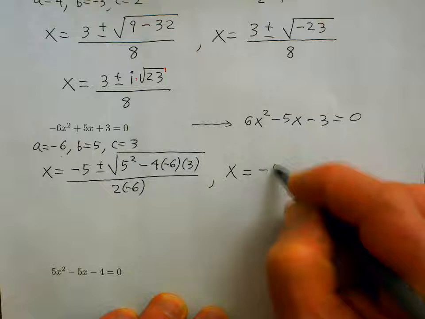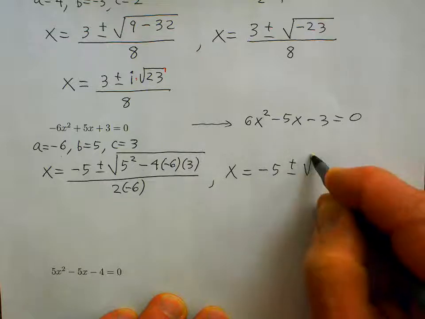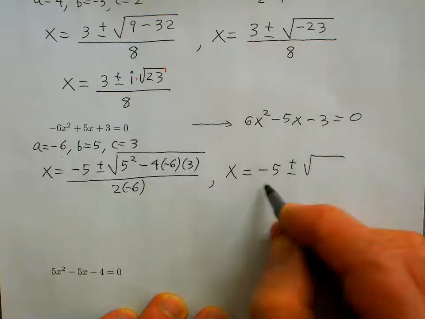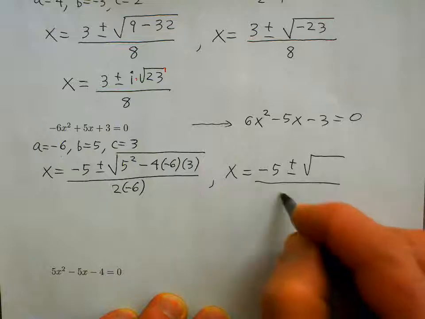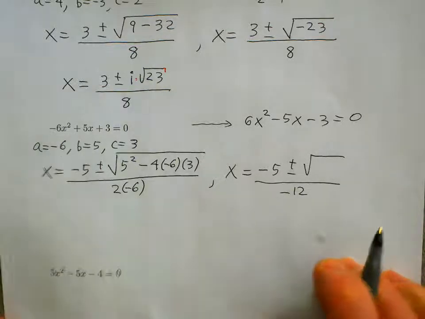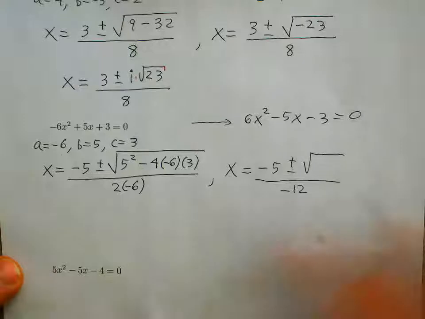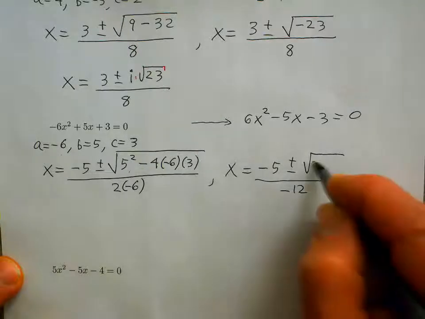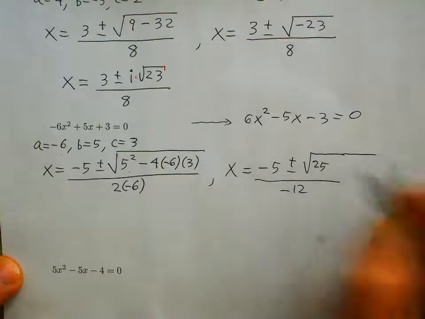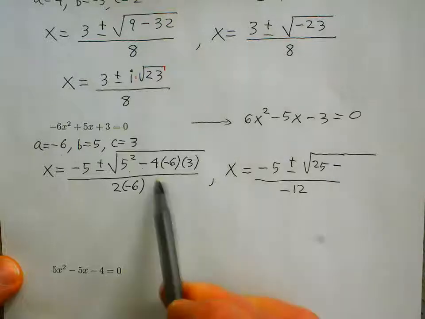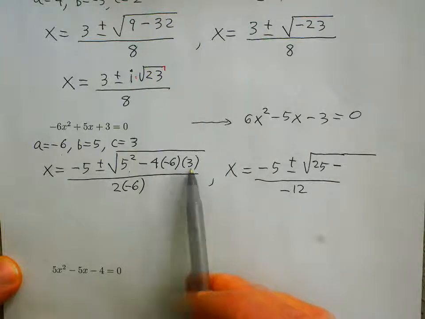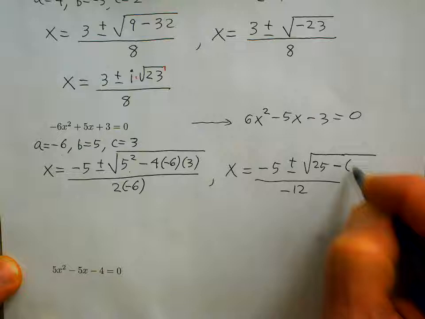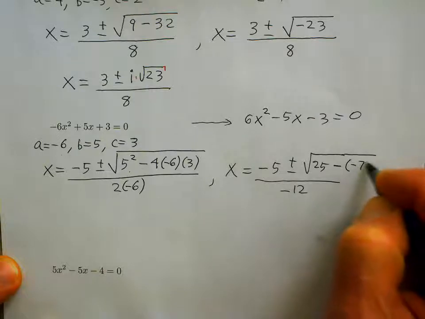So -5 plus and minus the square root of some number, all divided by -12. So inside the square root, 5 squared is 25. And we're subtracting 4 times -6 times 3. We're subtracting -72.